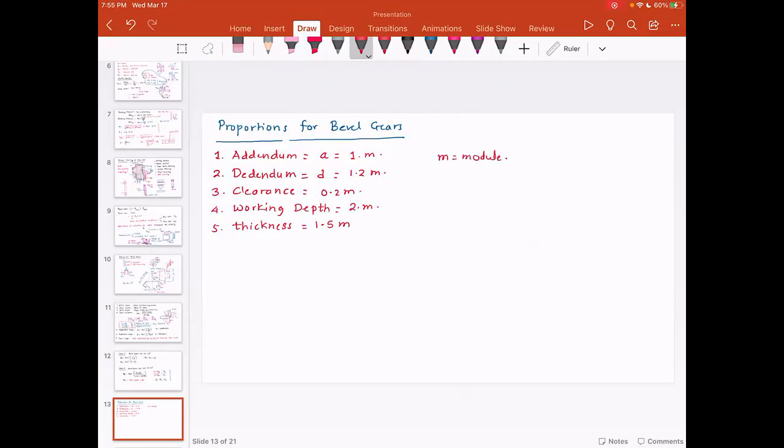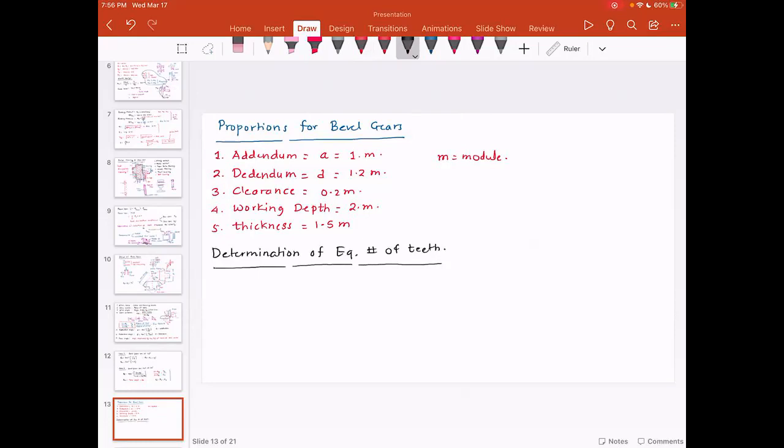Now, one thing that I have to specify here is determination of equivalent number of teeth for bevel gear, which is slightly different than the helical gear. And here is the argument.